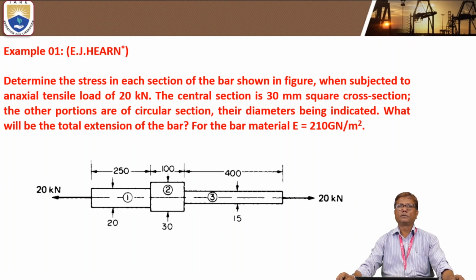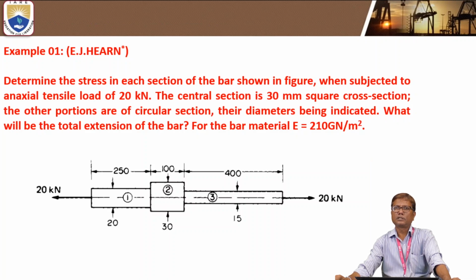As the first example, let us take one problem. Determine the stress in each section of the bar shown in the figure when subjected to an axial tensile load of 20 kilonewtons. The central section is 30 mm square.